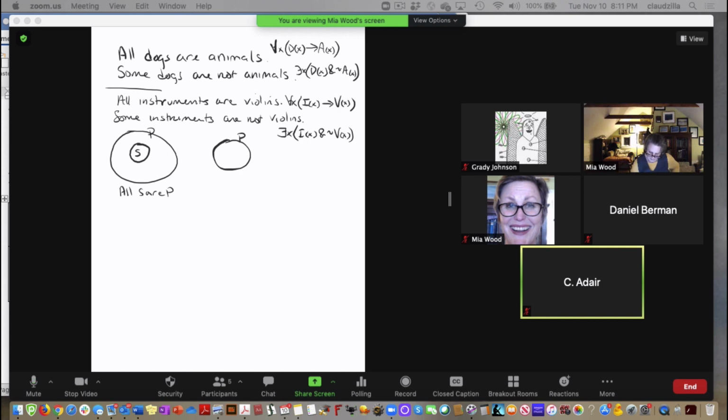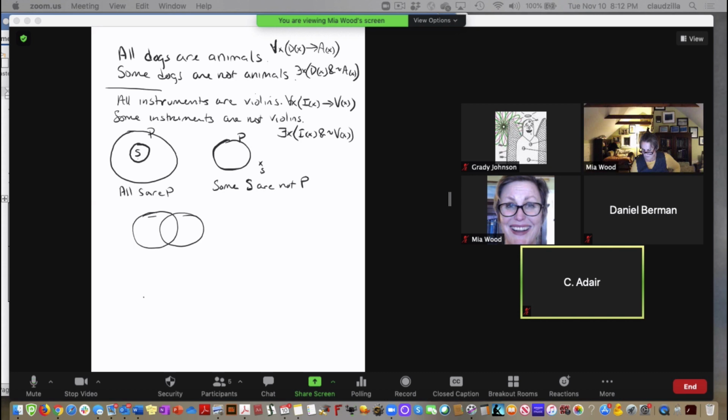Here's the P, and here's at least one S that's outside of the P. So some S are not P. Right? If every single S there may be is in P, then this other diagram can't be the case. Let me give you another way to think about it. These are called Venn diagrams.